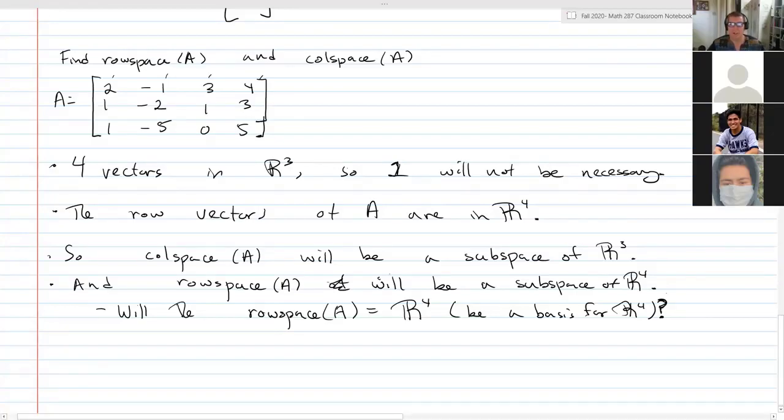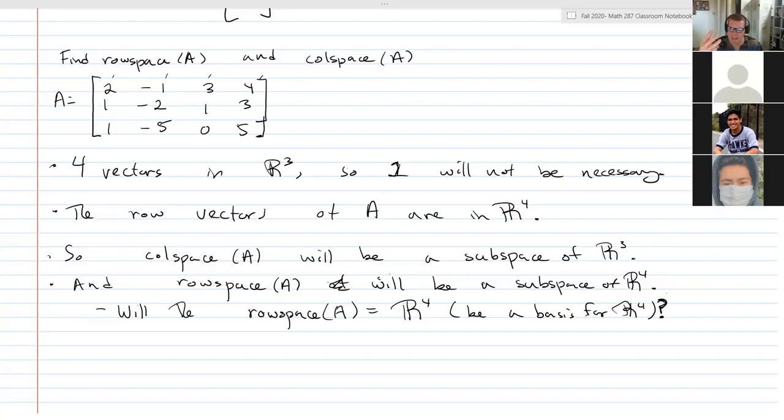Answer is no. No, it won't. There's not enough of them. The amount of row vectors that we could have in REFA is 3. We have a maximum number of 3 row vectors in REFA, right? Because there's only 3 row vectors in A. You need 4 row vectors in R4 to give you all of R4. Does everybody catch that? I want that to be really, really clear, okay? To give me all of a 4-dimensional vector space, I need 4 vectors.